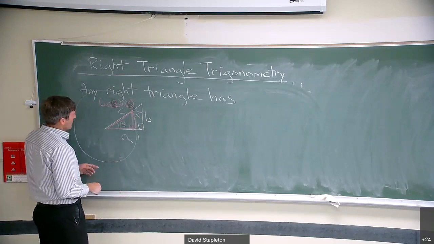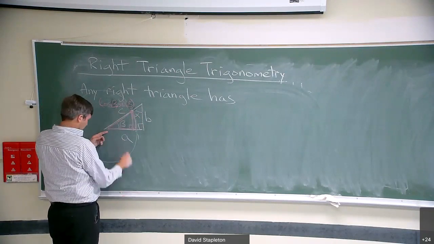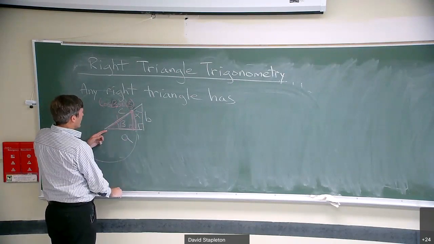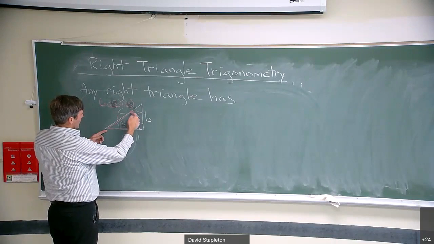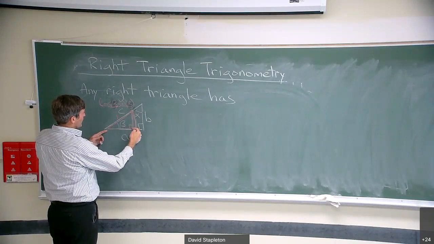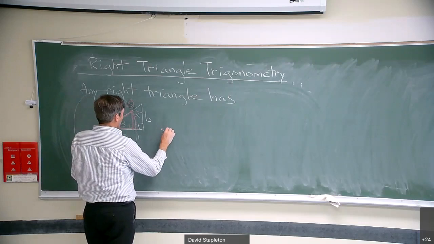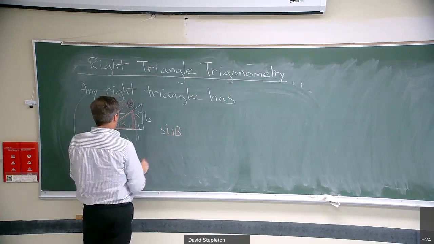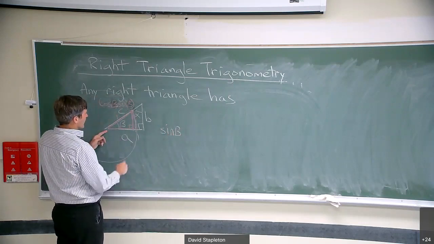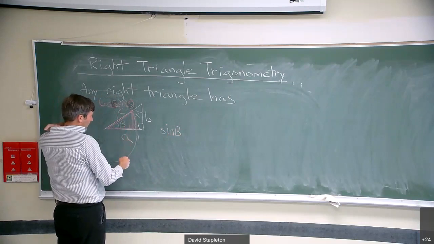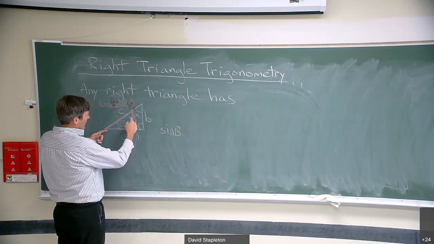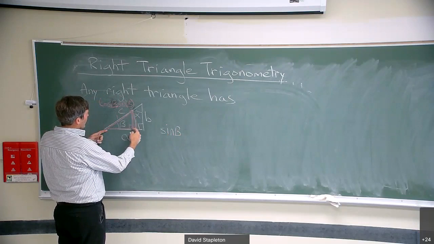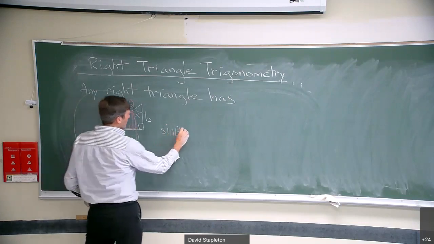And now we know, since this is radius 1 on the unit circle, that sine beta, this side, is equal to the y-coordinate over 1.